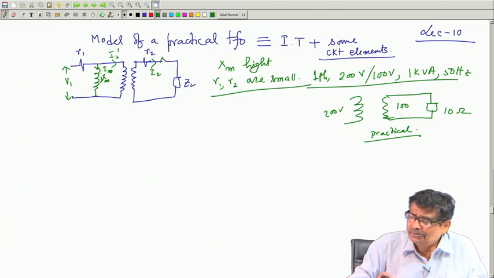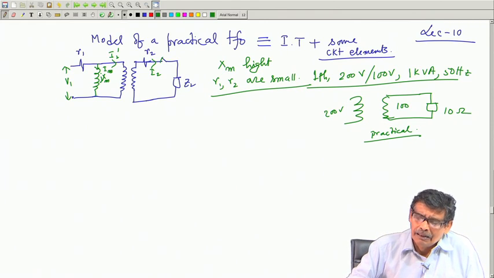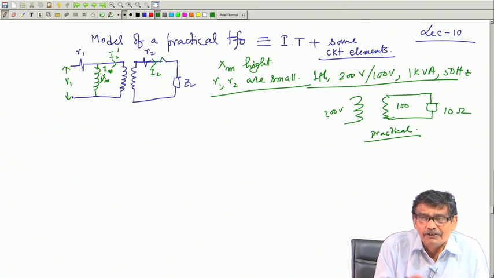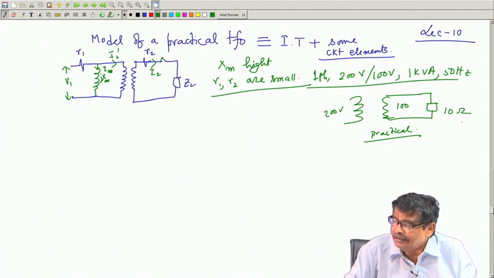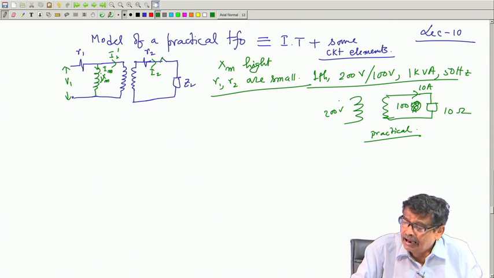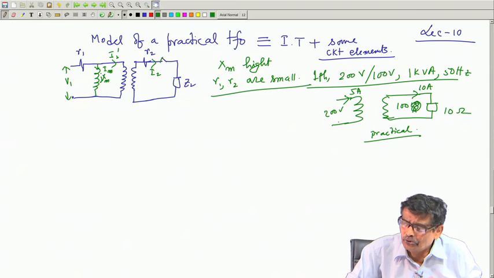Suppose you want to quickly calculate: assume this transformer to be ideal, because after all R 1, R 2 are small and X m is high, and then calculate the currents. This side is 100 volt across 10 ohm, so the current is 10 ampere, and the primary current is 5 ampere, and the voltage is close to 100 volt if you have applied 200 volt here.